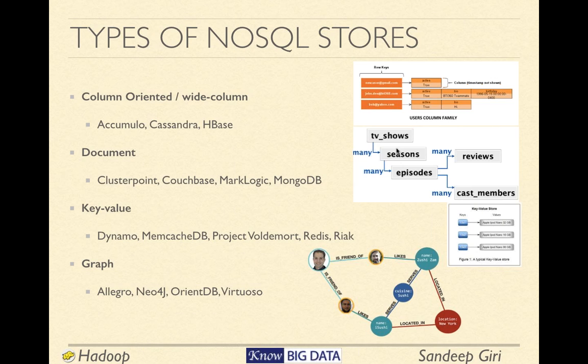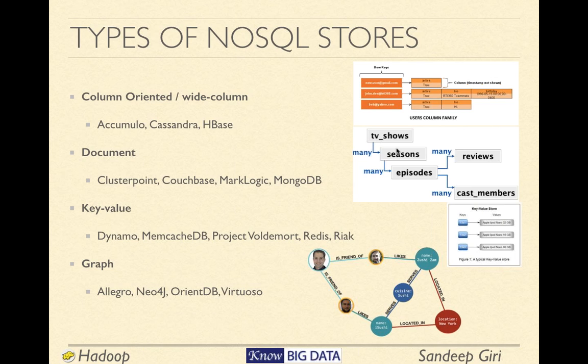And second is the document oriented database. A document oriented database is something which basically has a humongous document instead of a row. Okay. In a table, you have a row. Row is a list of values.